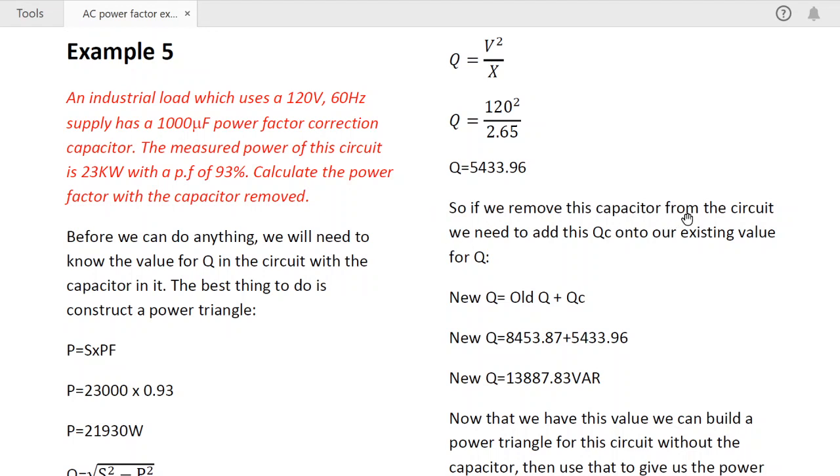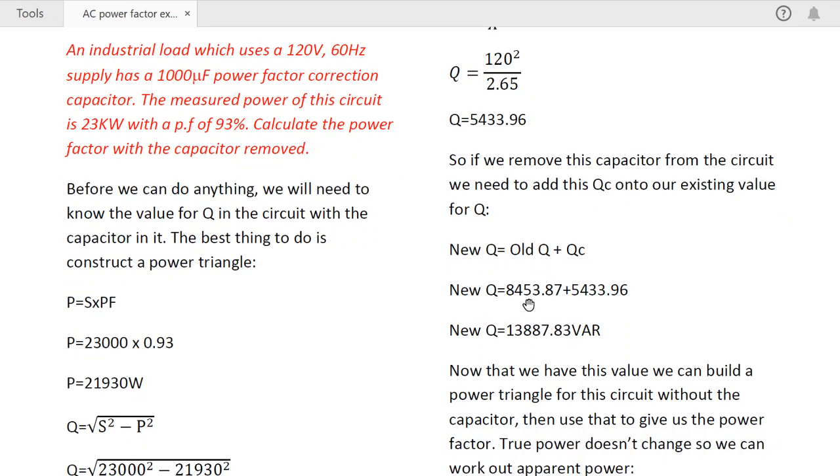So if we remove the capacitor from the circuit, then we're going to add that QC, the capacitive reactive power of the capacitor, onto our existing value for Q. So our new Q would be the old Q plus the QC of the capacitor.